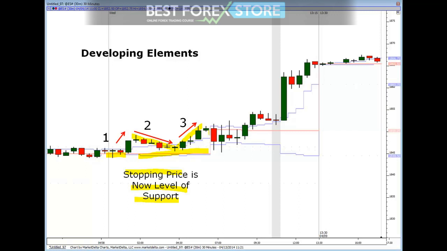Now notice, before it continues the move upwards, take a look at what happens. The market decides to come back for a retest of this support level. And this is another very, very important tip.